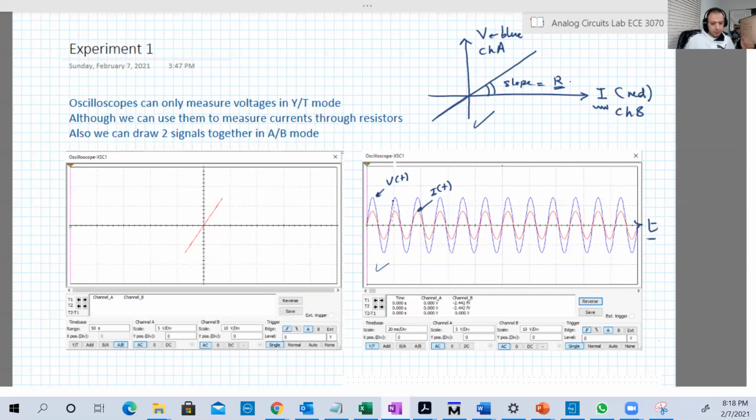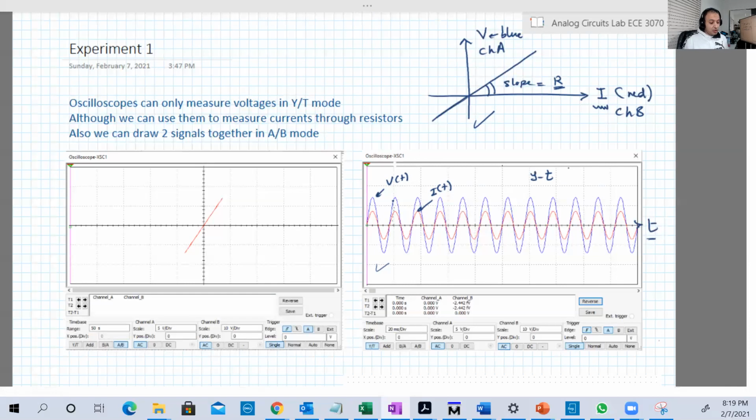What's XY mode? This is basically called YT mode, in which the signals that you are inputting to the oscilloscope will be drawn versus time. In XY mode, the oscilloscope will show something else on the screen.